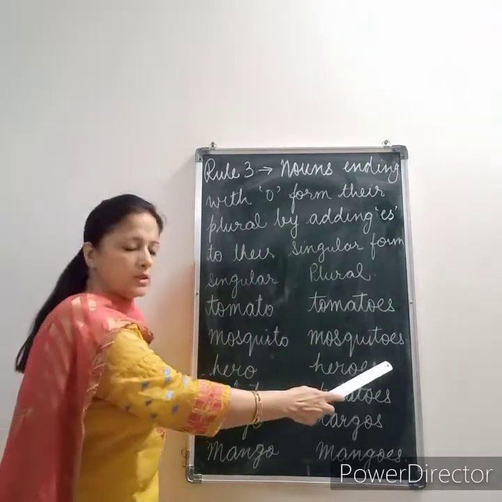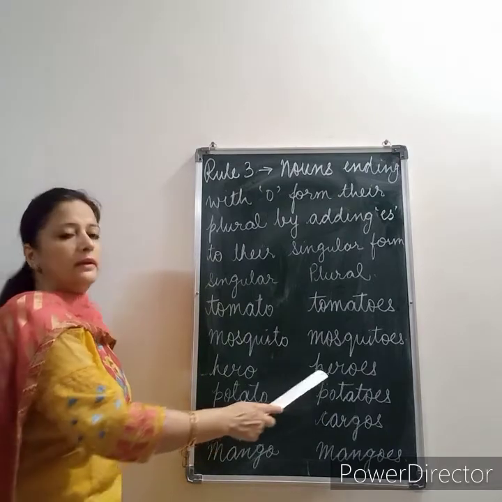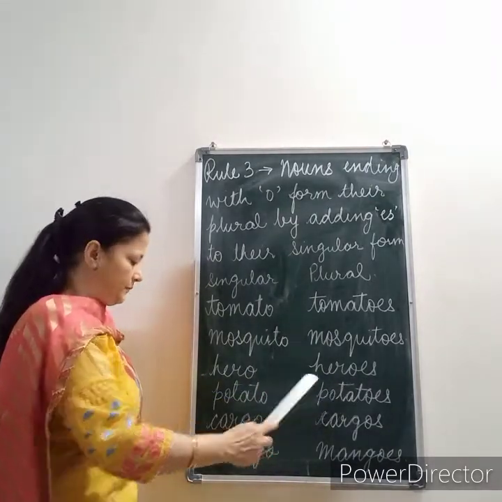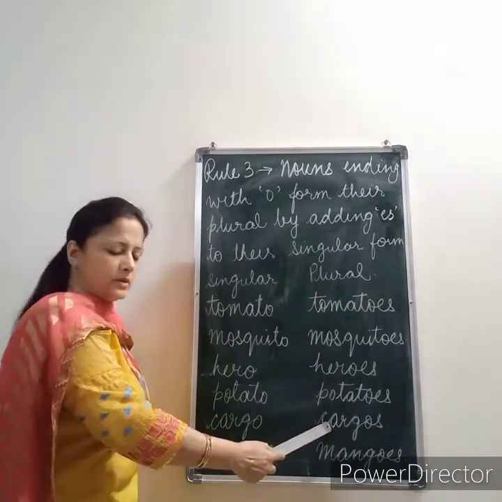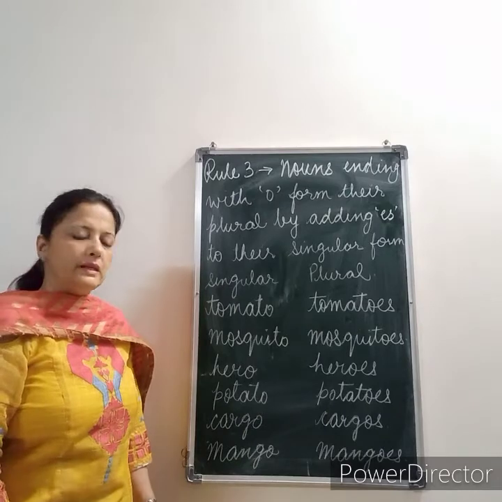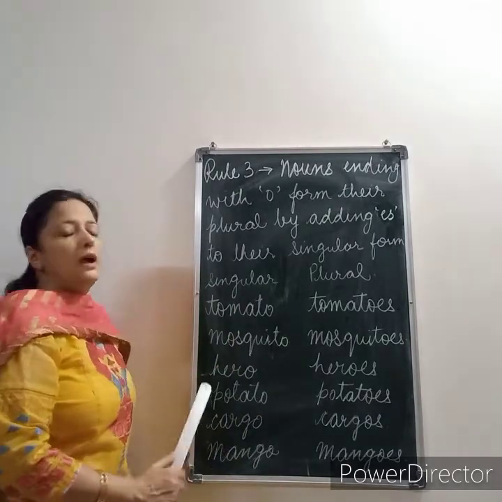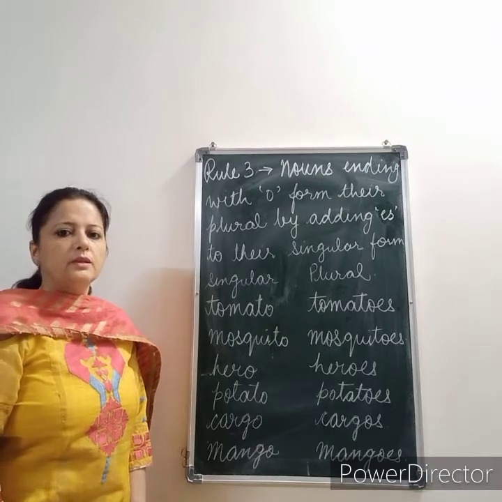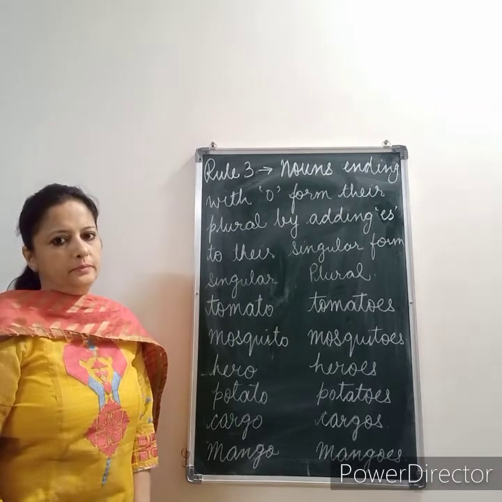Mosquito, mosquitoes. Hero, heroes. Potato, potatoes. Cargo, cargoes. Mango, mangoes. So children, you can see all the words are ending with o and we have added es to make the plural form.